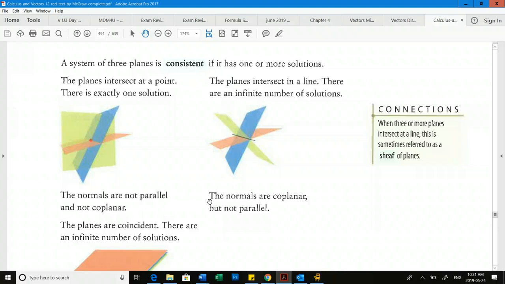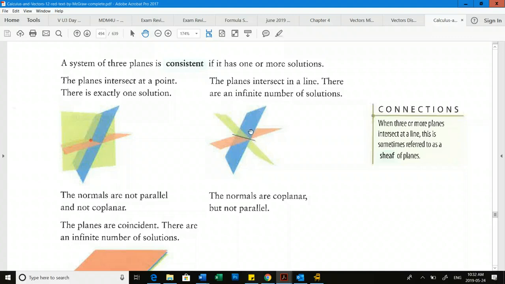A system of 3 planes, we can call it consistent if it has solutions, essentially. So 1 or more solutions. We can have a bunch of different varieties. If you imagine 3 papers and the different ways you can arrange them, 2 of them could intersect at a line, and then 1 of them crosses through, and that would give us a point of intersection.